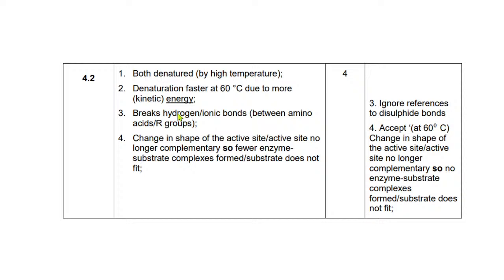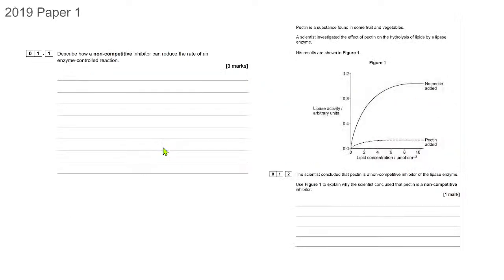Here, something similar is happening where some of the enzymes are starting to denature, but it's not all of it. So again, temperature is breaking the bonds, changing the active site, reducing its rate, maybe not fully denaturing it. So both denature, fast denaturing, breaks hydrogen bonds, changes the shape of the active site. So describe how competitive inhibitors reduce the rate of reaction.